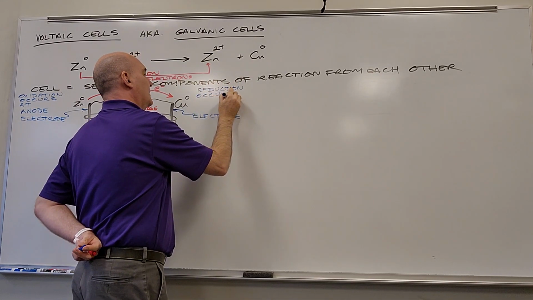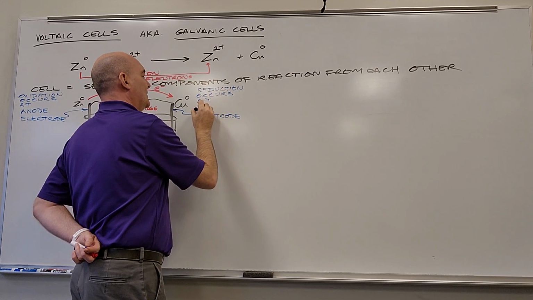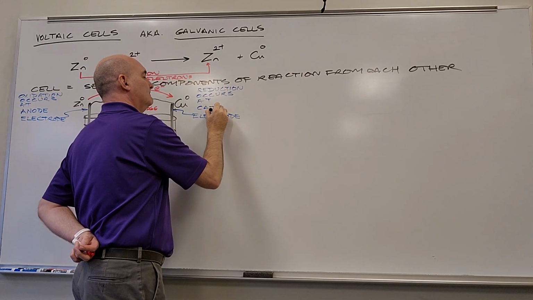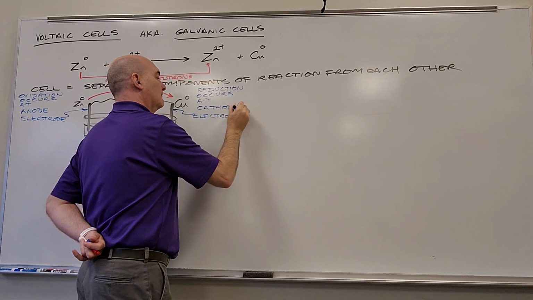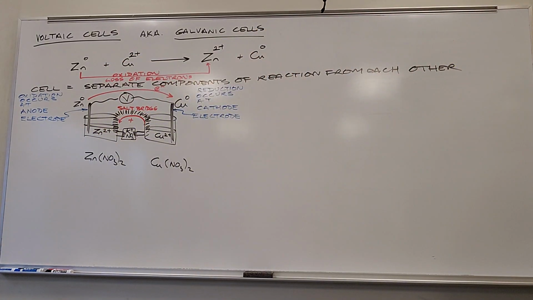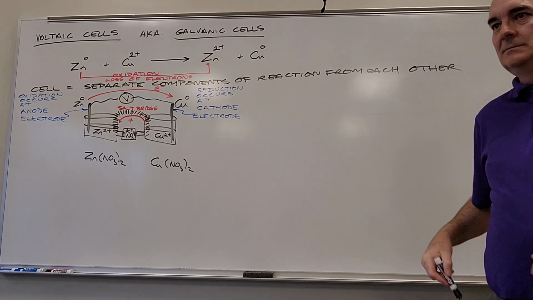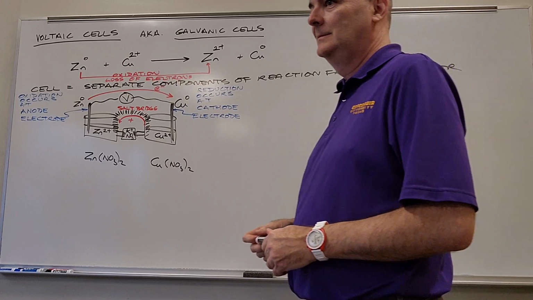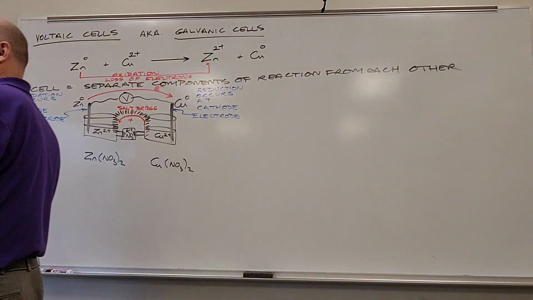And reduction occurs at the opposite of an anode, called a cathode. Does it matter which one you make the anode? Yes. It has to be at the oxidation.